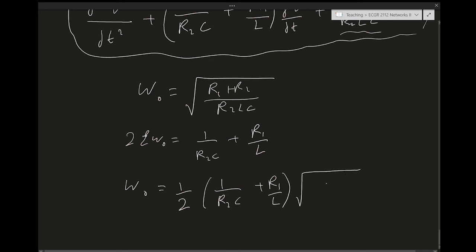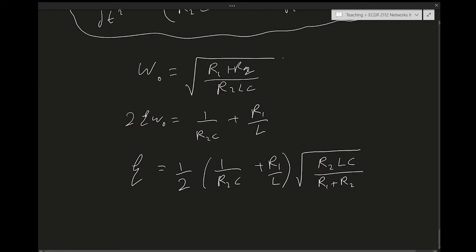The inverse of omega naught is going to be, let me write this clearly, R2 LC over R1 plus R2. Okay. So this is omega naught and this is zeta for this example.